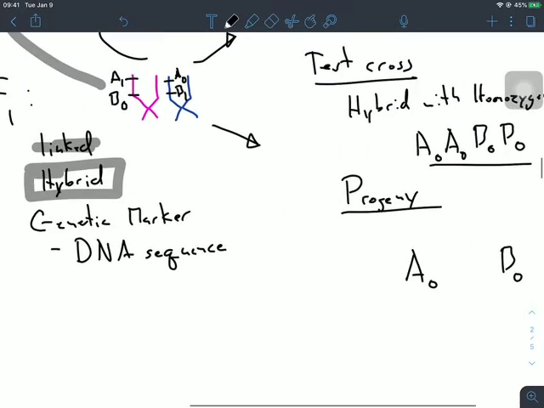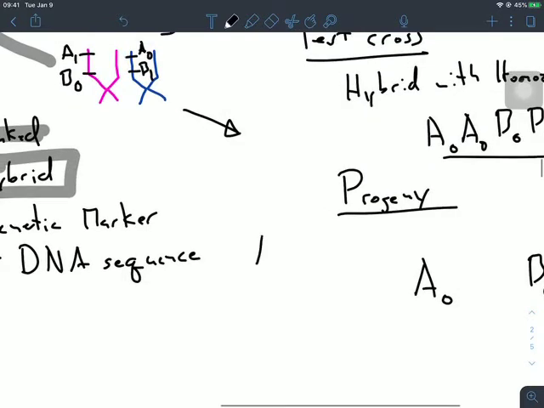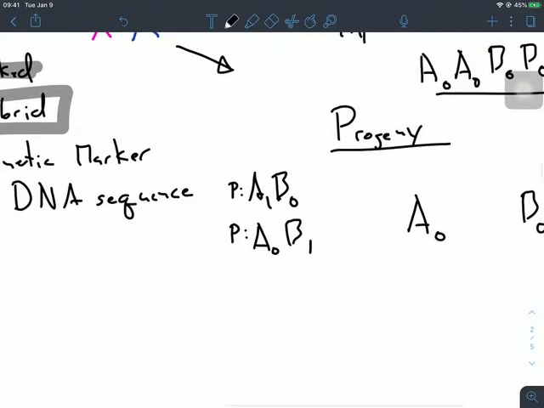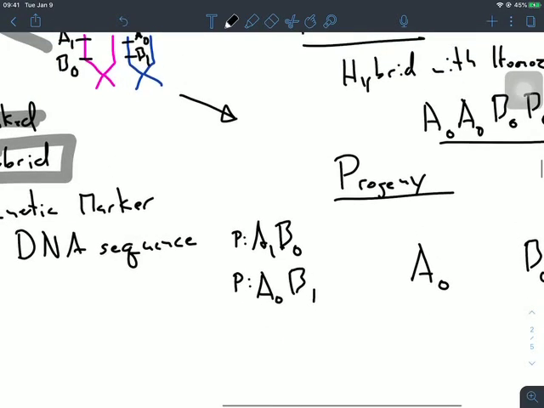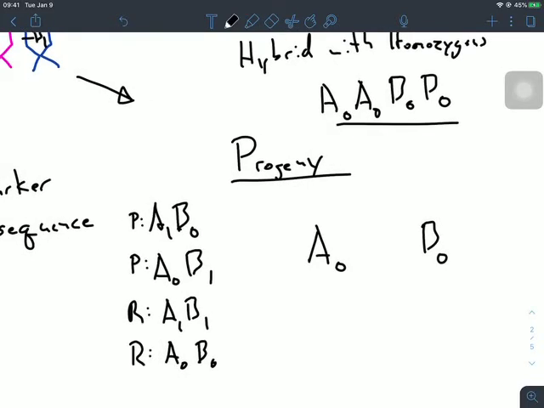From your hybrid, they will either add an A1 B0 as a parental, an A0 B1 as a parental, or a recombinant type that is A1 B1 and a recombinant type that is A0 B0. So then you can mix and match these.